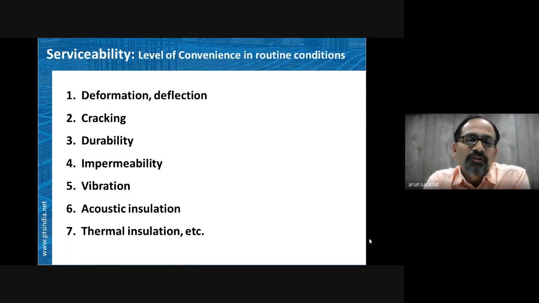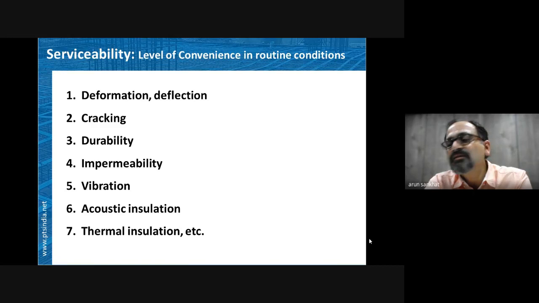Third, durability, impermeability, vibration, acoustic insulation, thermal insulation, etc. So there are various kinds of serviceability aspects. Out of that, in our building sector, generally the first are deflection, cracking, durability, and impermeability.